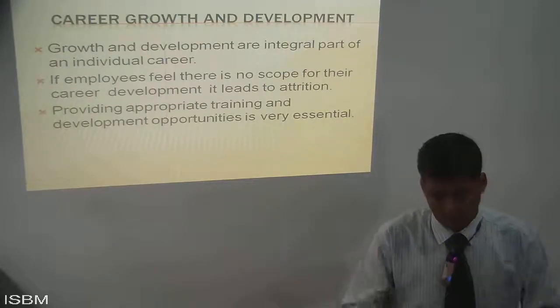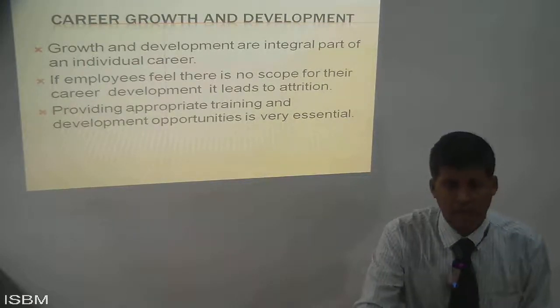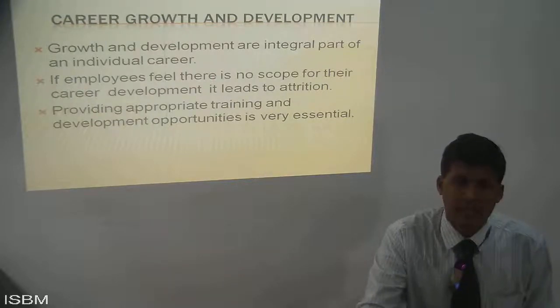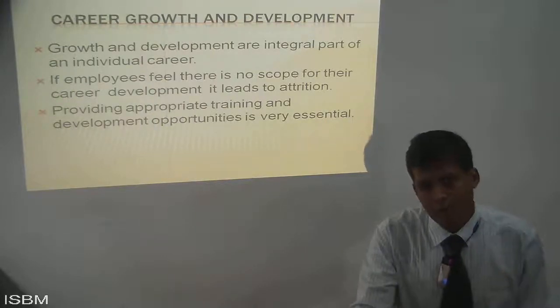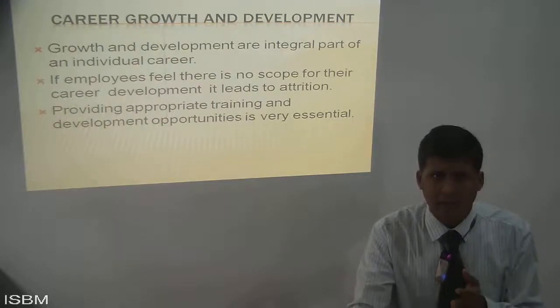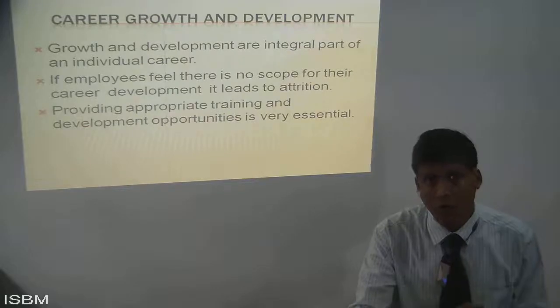It also, as far as recommendations are concerned, should be based on career growth and development. That means growth and development are an integral part of an individual's career. They say that for humans, growth is a given. That means that's an instinct an individual always has by default.